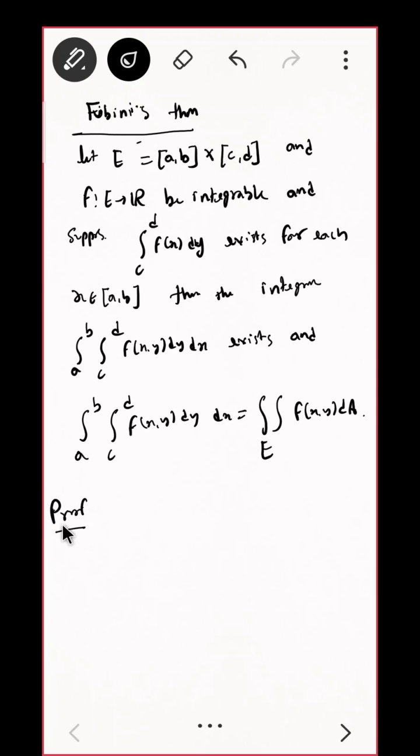So first let us understand what the statement says. The statement says that if your function is integrable over this rectangular region, let me just draw it something like this.